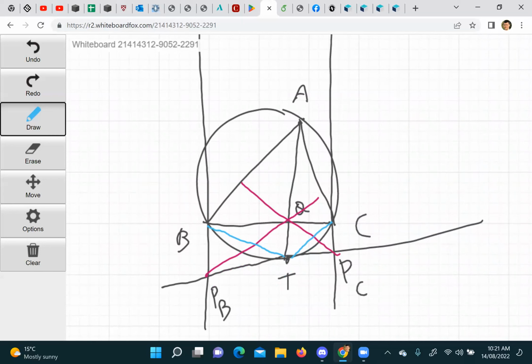Oh, sus. We have C. Wait. Take the perpendicular so we get B, P, B, C's that intersection cyclically.